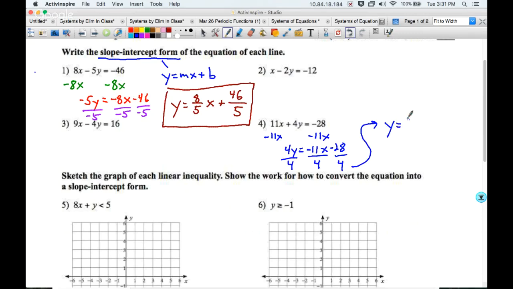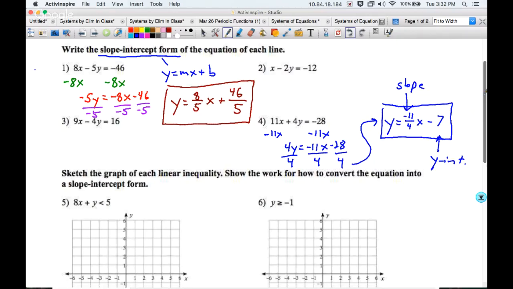I'll get y equals negative 11 fourths x minus 7. That can be simplified down to just a 7. All right, and now, what's great about this is I can just clearly see what my slope is and what my y-intercept is. Makes it very easy to graph.